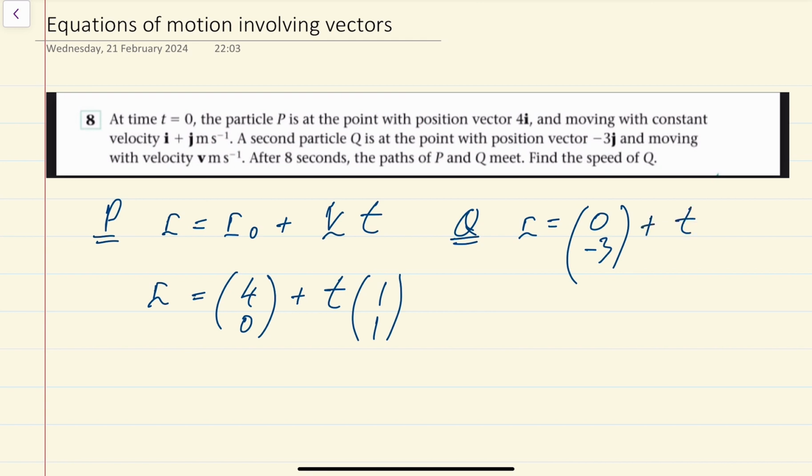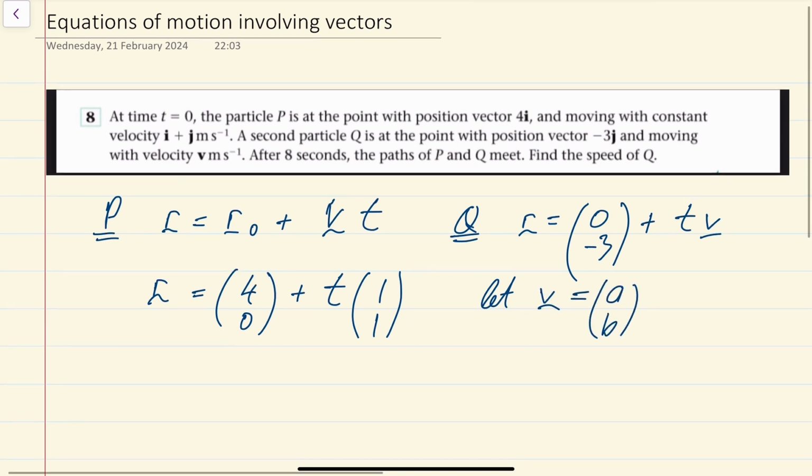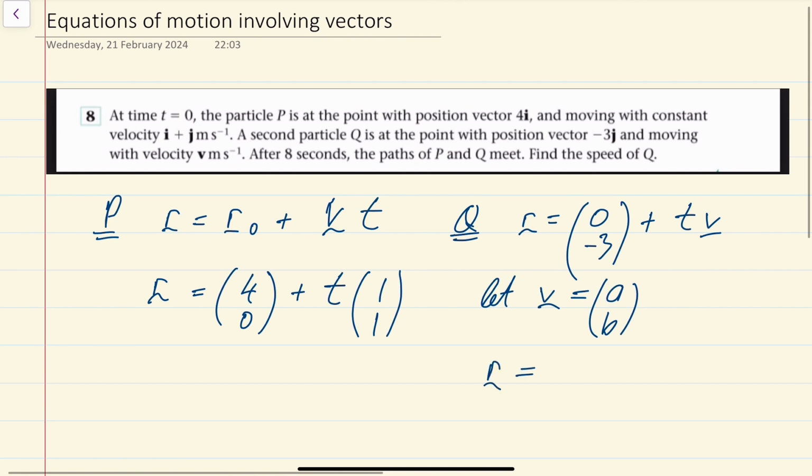So I'm going to say that's just t times v. In this case, we're going to let the v for it equal ab. So therefore for Q, r is equal to 0, minus 3, plus t times ab. And that's what we need to find.